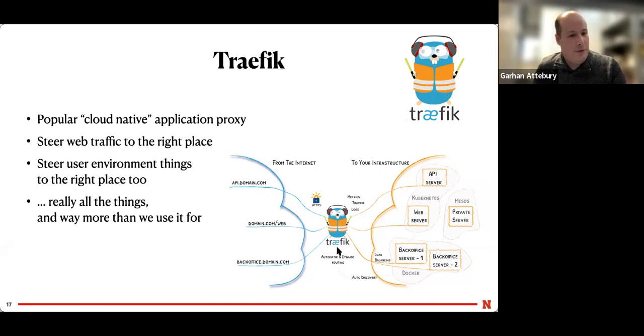And then you take that and you can steer it to different things. And being Kubernetes native, you get to steer to things that you talk about in Kubernetes. So if you have a deployment that has a set of pods running a load balanced web server or identical copies of that, you can have Traefik know that and point your traffic to the right place.